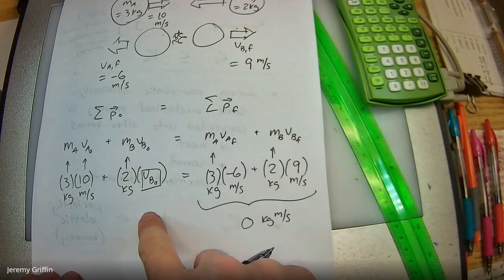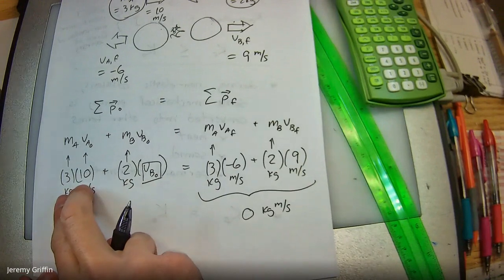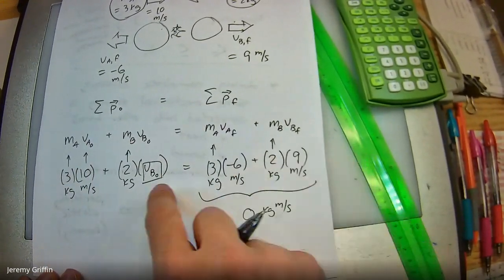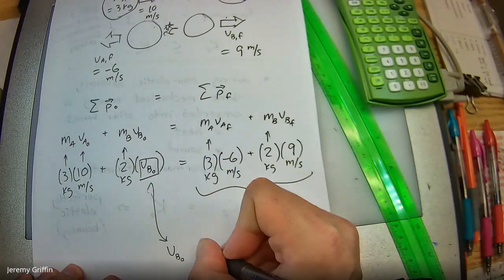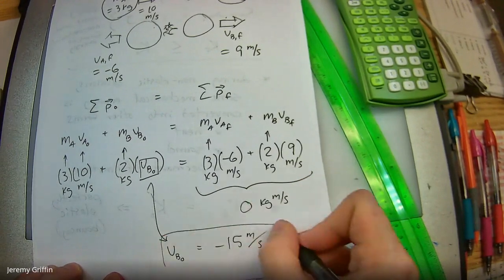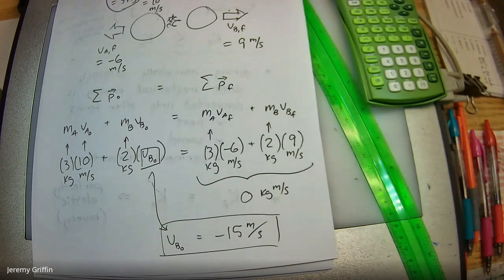So if you go solve for VB naught, subtract 30 units over, so 10 times 3, subtract that over. That'd be negative 30. Divide by 2. Wouldn't VB naught have to be negative 15 meters per second? Which was the given value in number 3 in the notes. So yeah, it's just the same thing but backwards.